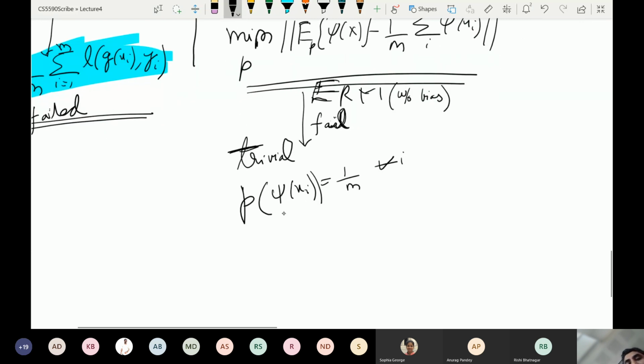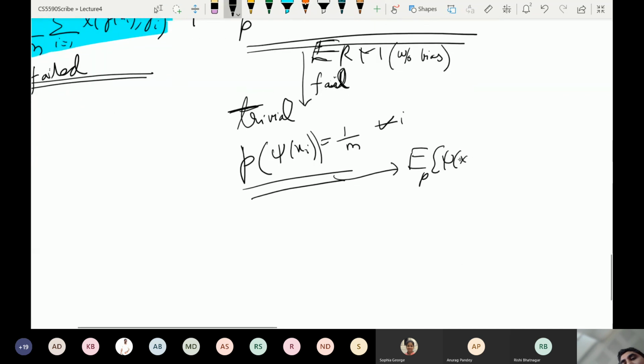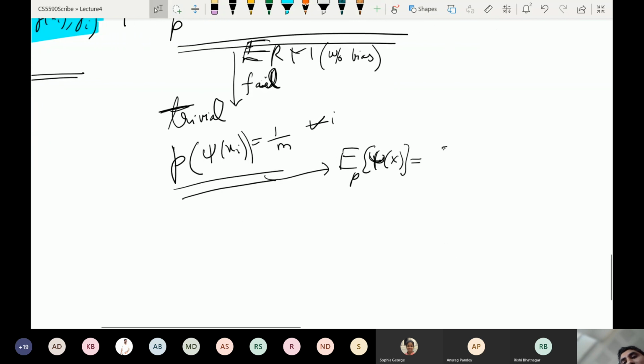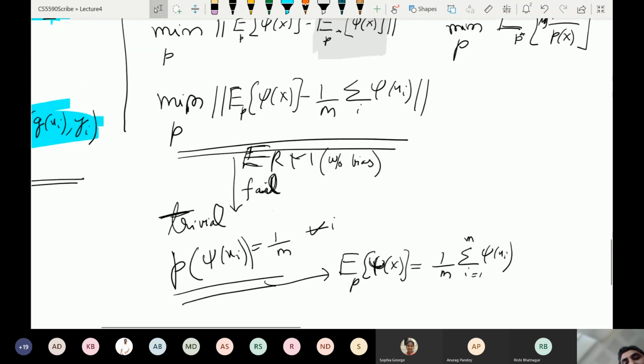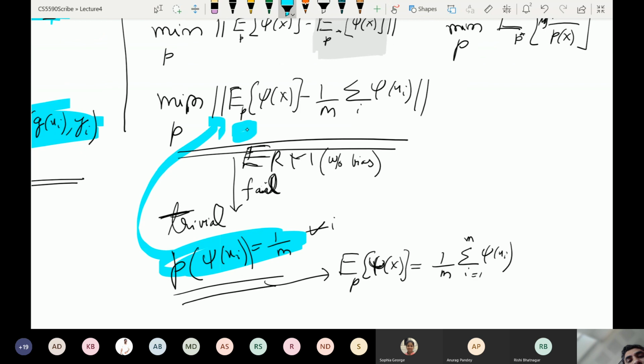So with such a likelihood function, what is the expectation of P of psi of x? You know the answer, but it is again the same thing, right? So that's why this value is 0. With this choice of likelihood, the value of this objective is 0. And 0 is the least value you can get for this objective, right?